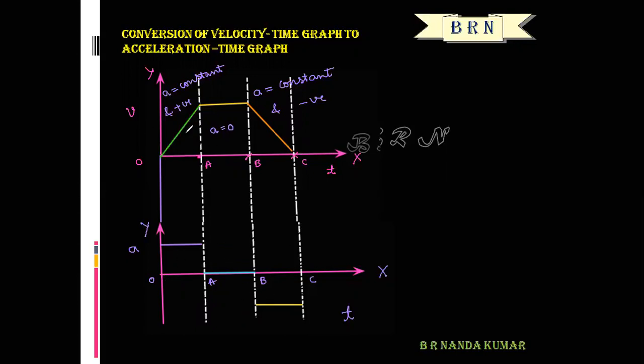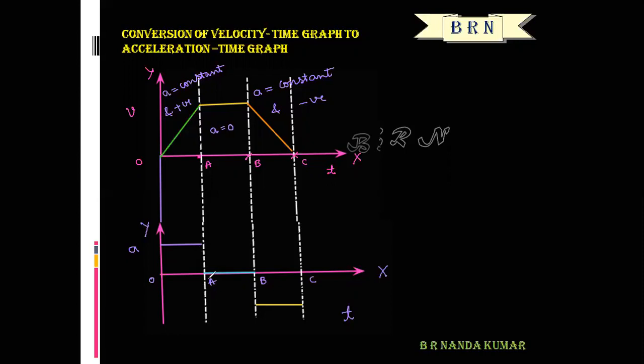This one is the VT graph, but the nature of motion of the particle is the same. From O to A to B, B to C, the nature of motion of the particle is the same, but the representation is different. From O to A, here acceleration is constant and positive.